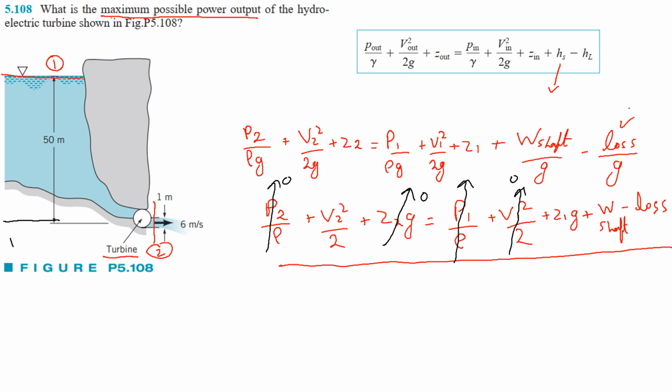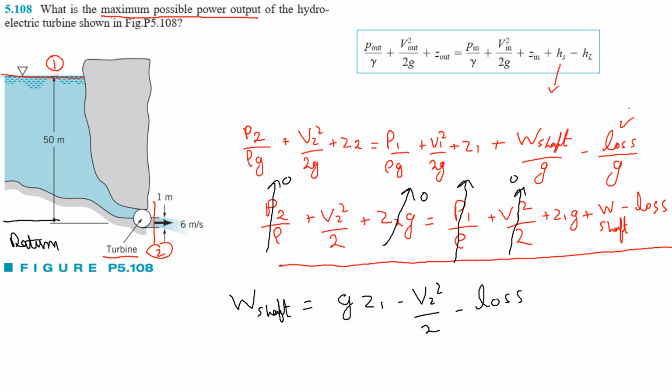So our final equation will look like this: work transfer to the shaft will be equal to g Z1 minus V2 squared divided by 2 minus the loss.